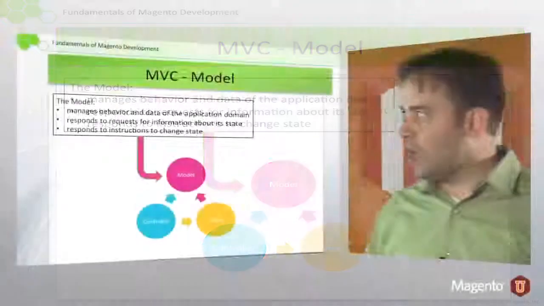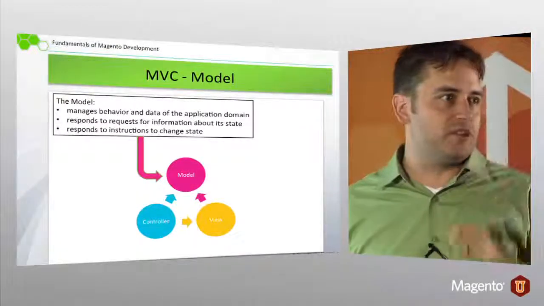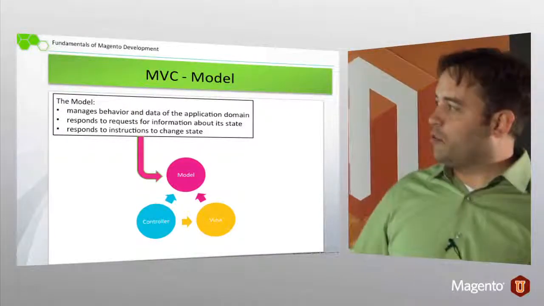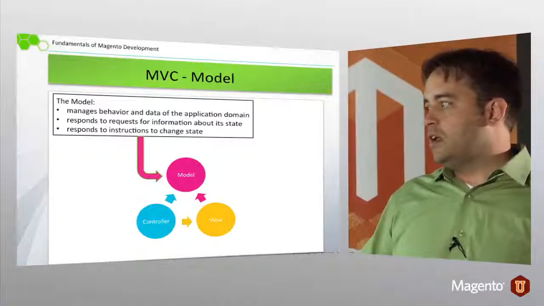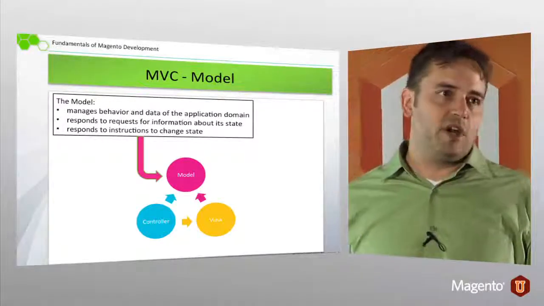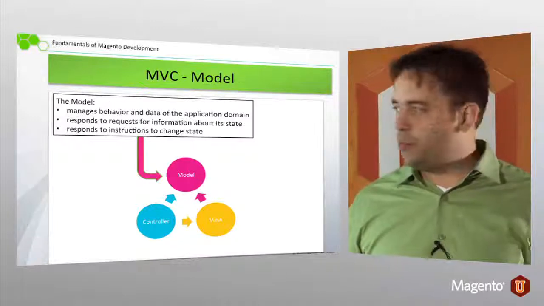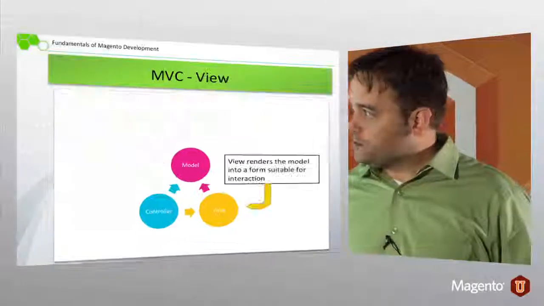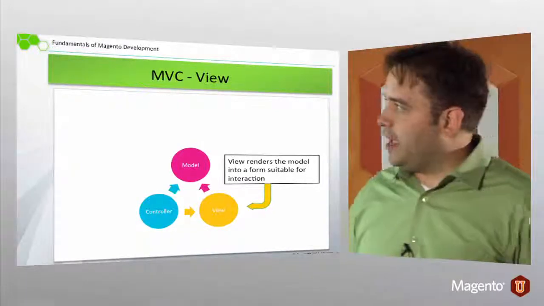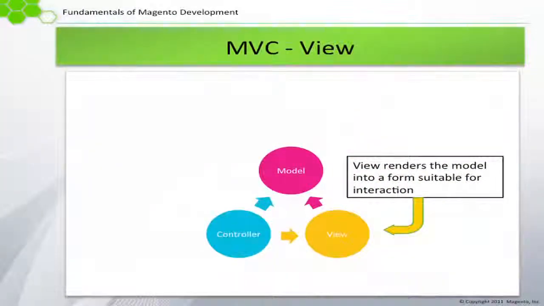The model actually has a few different layers in Magento, and we'll touch on all of that. But the thing to remember here for MVC and Magento is that the request hits the controller, then the controller, through layout XML or directly in the controller, and we'll show you both ways, calls the blocks of the view in a scope, and they will set up the models that they need.